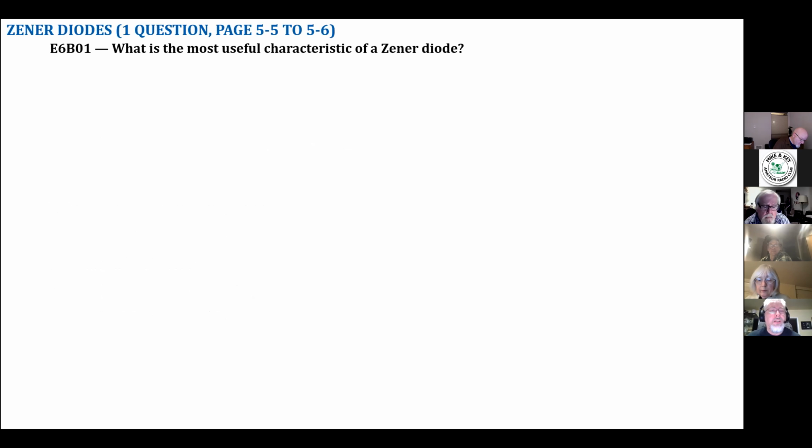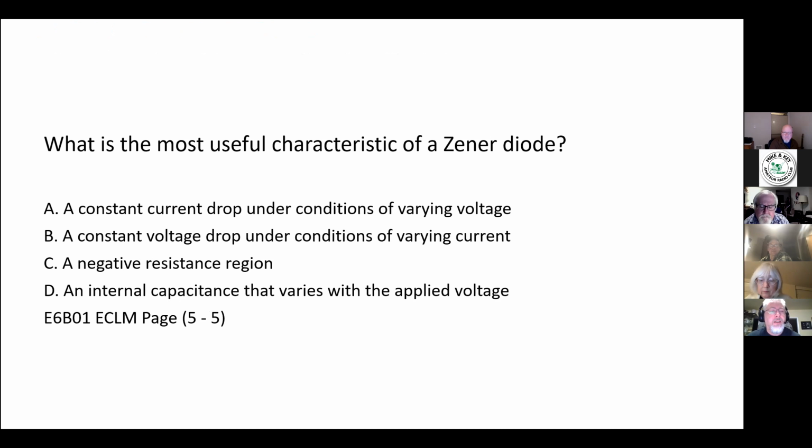Okay, just one Zener diode question. What is the most useful characteristic of a Zener diode? A, constant current drop under conditions of varying voltage. B, a constant voltage drop under conditions of varying current.